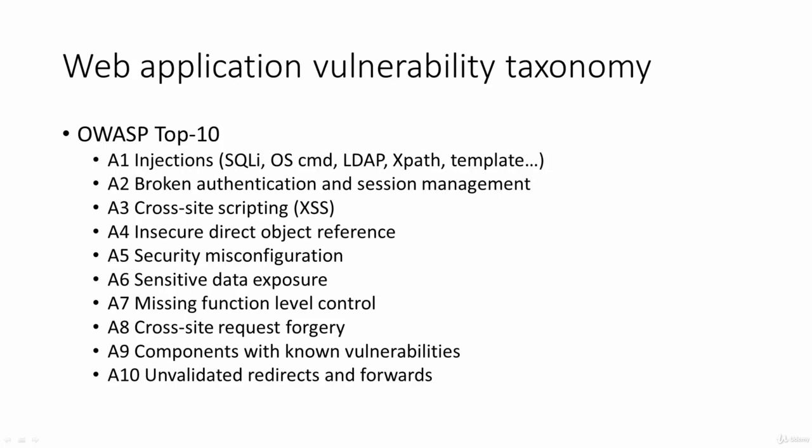So this is what missing function level control is. This means that if you successfully limit the visibility of functionality, or limit the access to functionality physically in the browser, on the client side, you still have to check that authorization, that permission to run the function, on the server side.